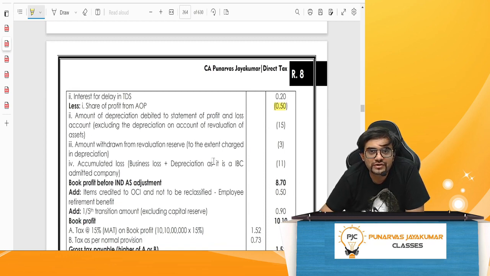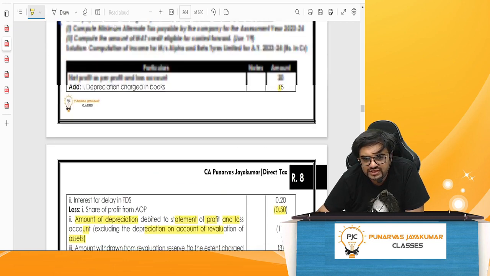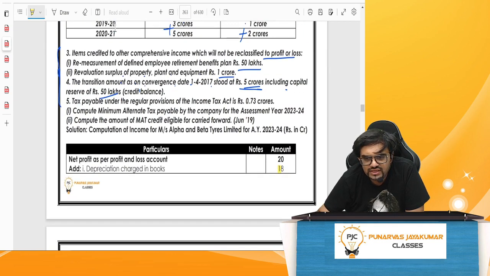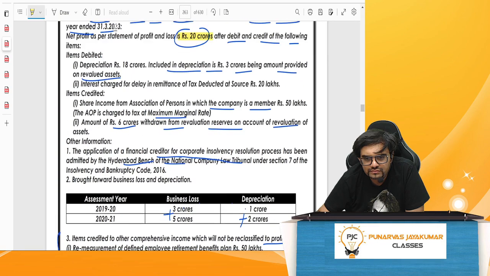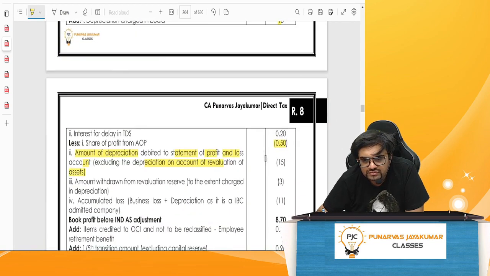For partnership firm, they reduce, but what about AOP? Have to reduce. Amount of depreciation debited in statement of P&L account, excluding the depreciation on revaluation of assets. So it is clearly mentioned here. 18 crore, 3 crore was revalued asset. So I have to subtract 15 crore. Then revaluation also have to subtract 3 crore.